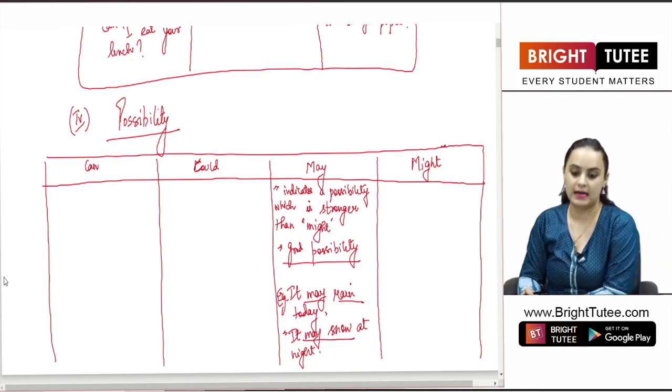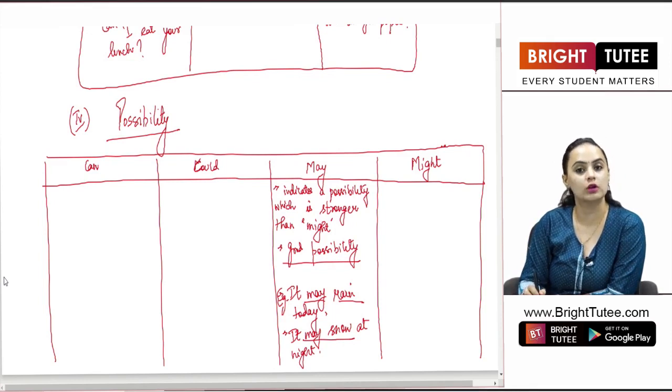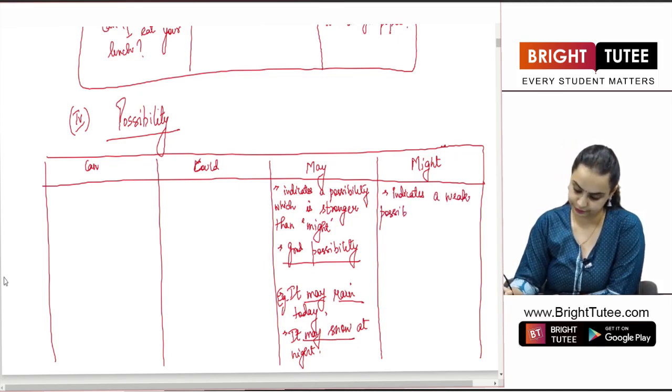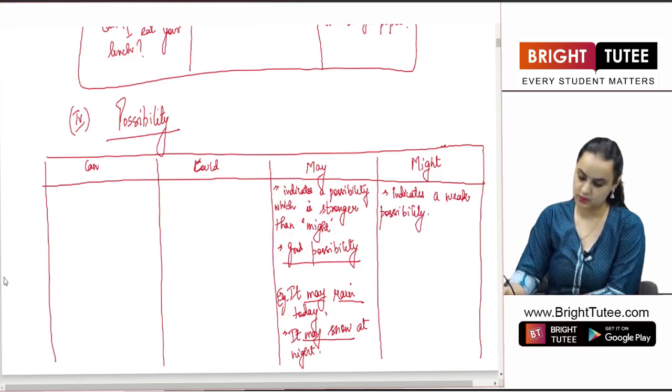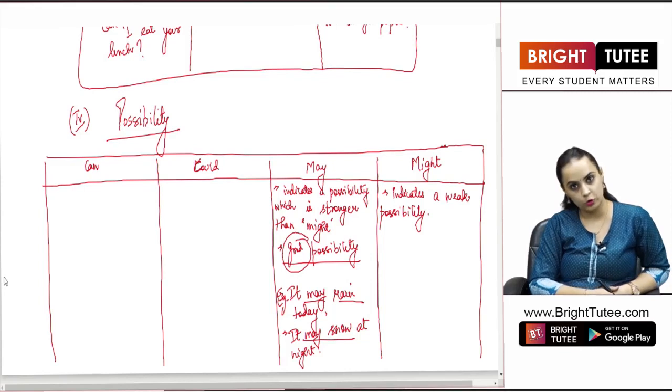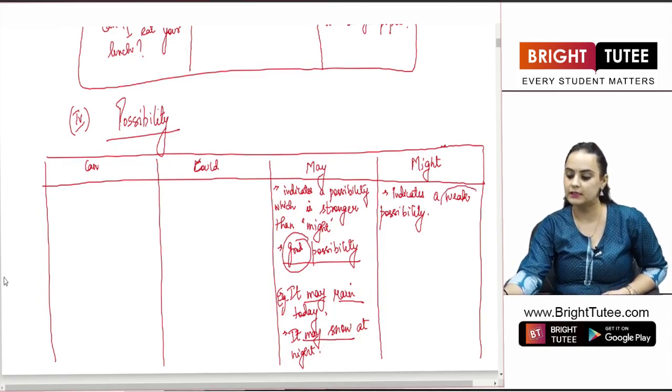On the other hand, as it has been mentioned already, might indicates the weakest possibility for something. So may expresses a good possibility and might expresses a weak possibility.